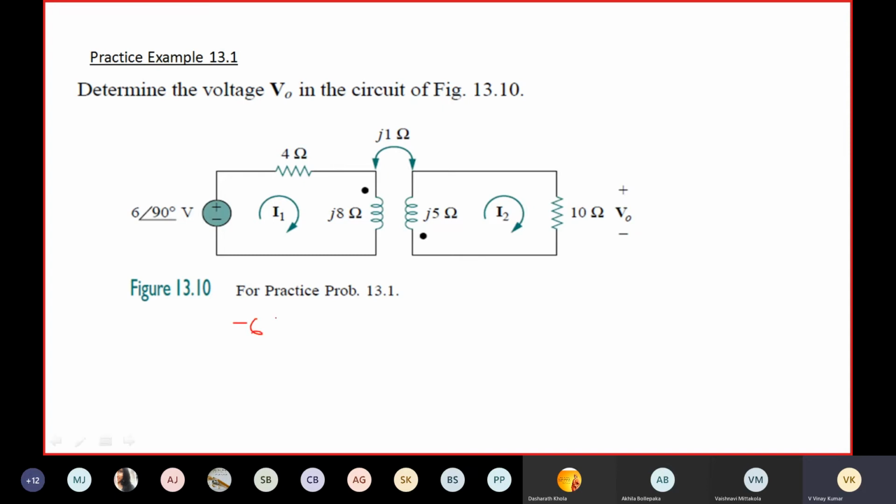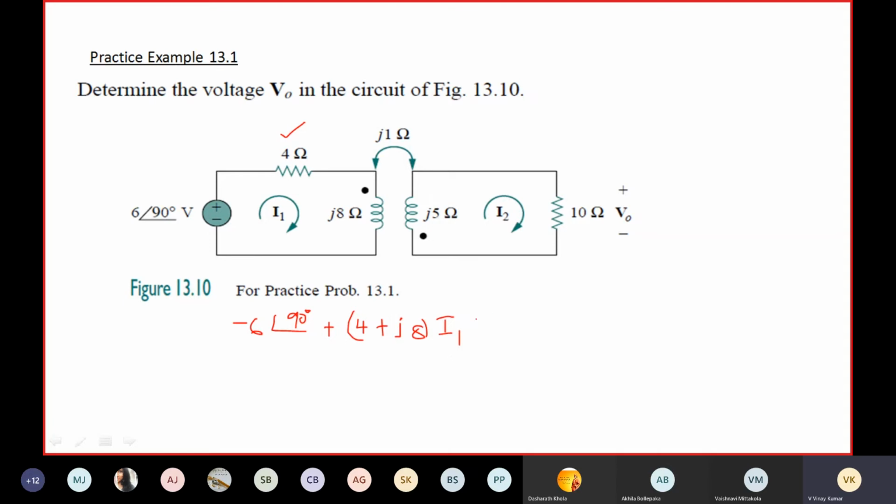Minus 6 at an angle 90 degrees plus (4 plus j8) into I1. What is 4 into I1? It is the voltage across this resistor. What is j8 into I1? j8 into I1 is the self-induced EMF.